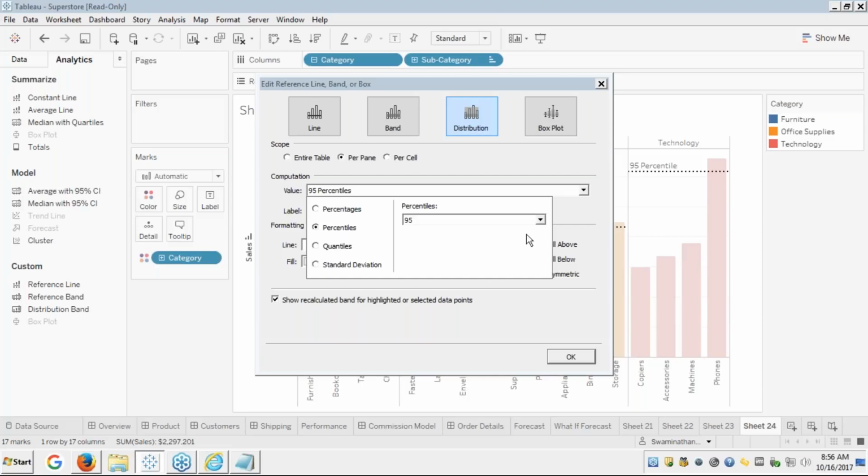So here these percentiles are something like, for example, there are 10 people who wrote the exam, and out of those 10, one person has scored above 90, and the remaining 4 or 5 of them have scored like 50, 40, 30.